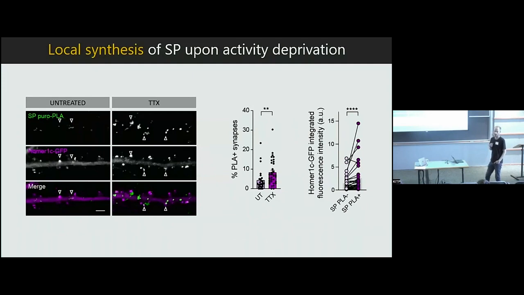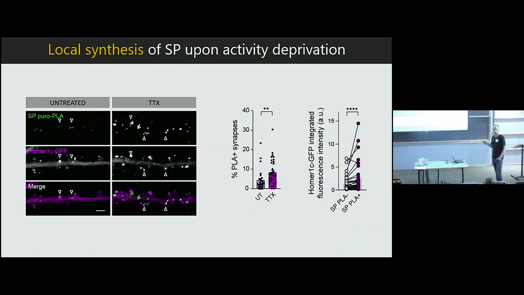Thanks. I may have missed this also, but this proximity ligation assay shows newly synthesized protein, but this is 48 hours of TTX, right? So it could have been synthesized anywhere and transported to the spines. How do you have evidence that it is synthesized at those locations where you see it now?